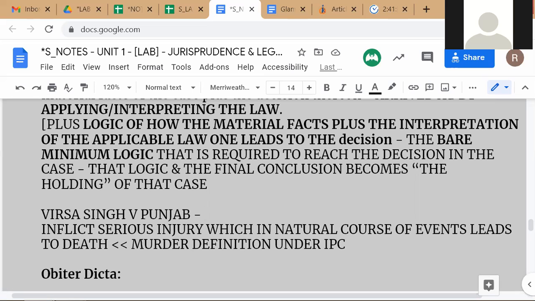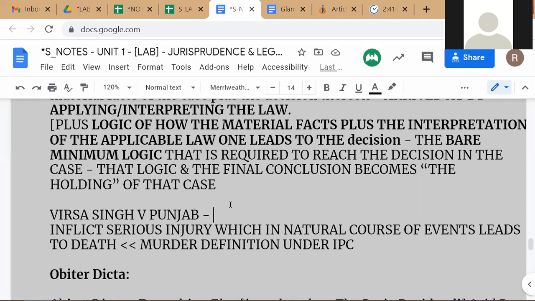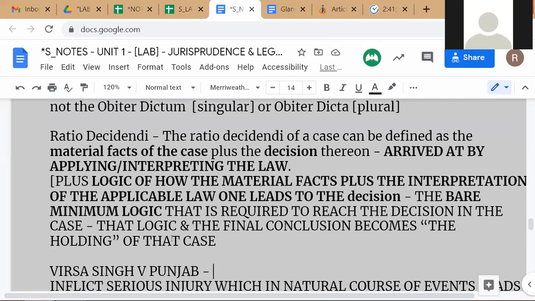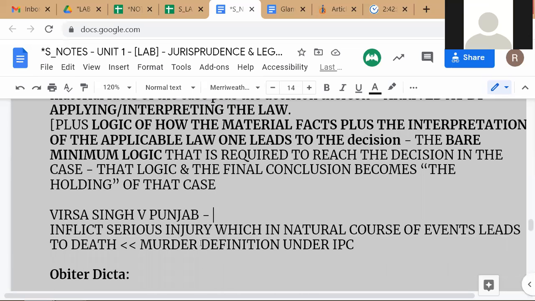So Vivian Bose is laying down the law, establishing a precedent as to how similar kinds of cases will be interpreted, where there is a conflict, a fight or something like that, and somebody inflicts an injury. He does not directly murder that person, but he inflicts a serious injury, which in the opinion of the medical practitioner is in the natural course of events likely to lead to death. So that itself will also be counted as murder.